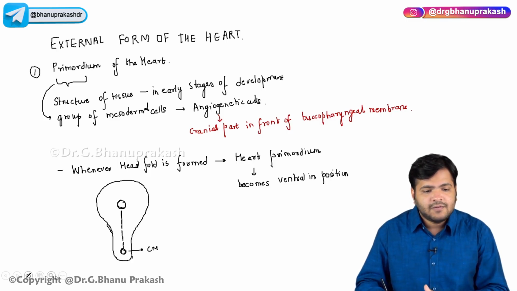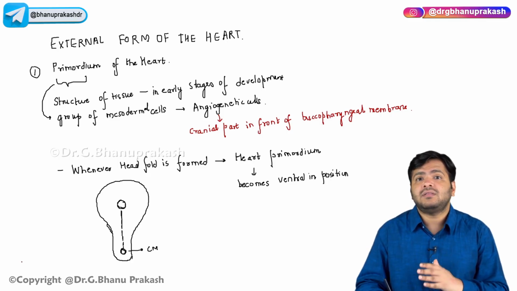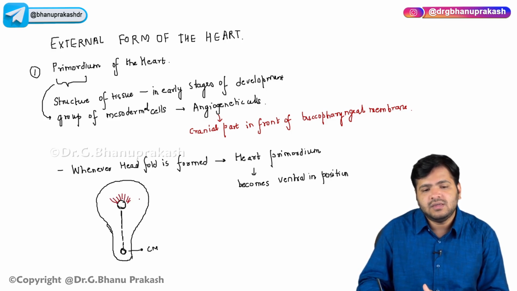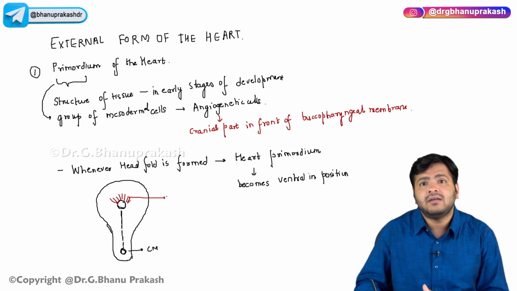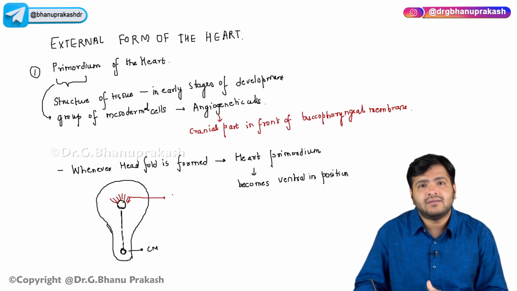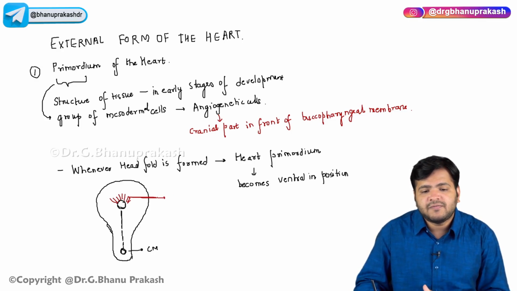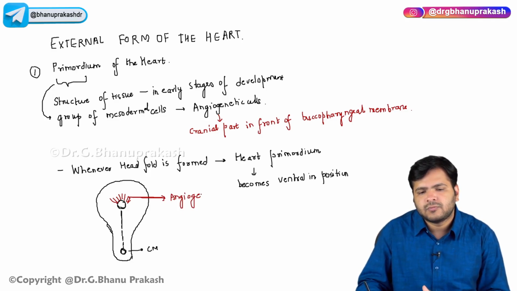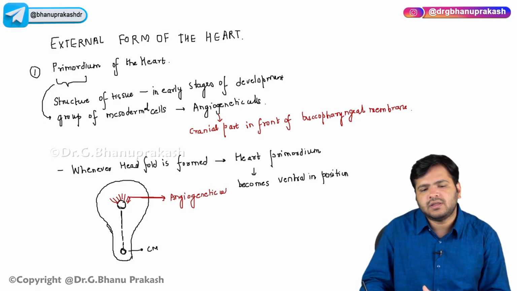In front of this buccopharyngeal membrane, we have a special group of cells, and these special group of cells are called the angiogenetic cells.